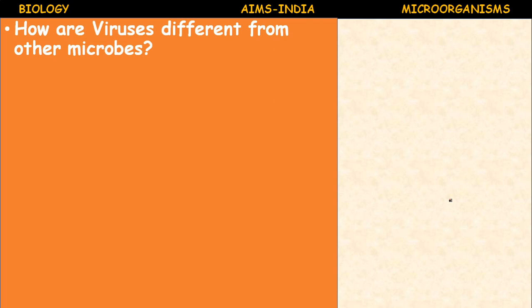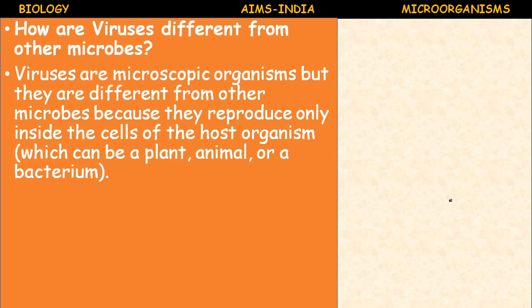Okay, how are viruses different from other microorganisms? Viruses are microscopic organisms, but they are different from other microorganisms because they reproduce only inside the cells of the host organism, which can be a plant, an animal, or even bacteria.